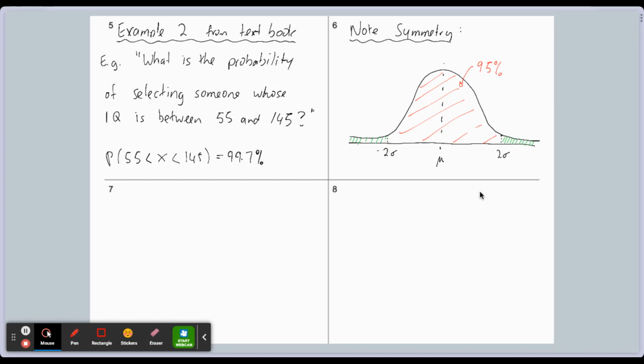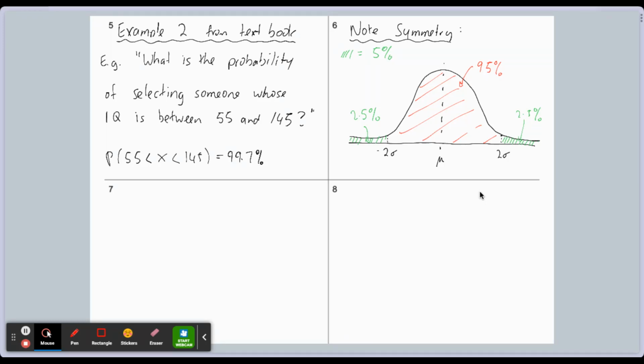The bits in green. So green equals 5%, but the normal distribution is symmetrical, which means that each green bit is 2.5%. So it's just splitting up the difference there. 2.5% each tail there would make up the 5% in total. Okay, so just keep in mind that symmetrical property.